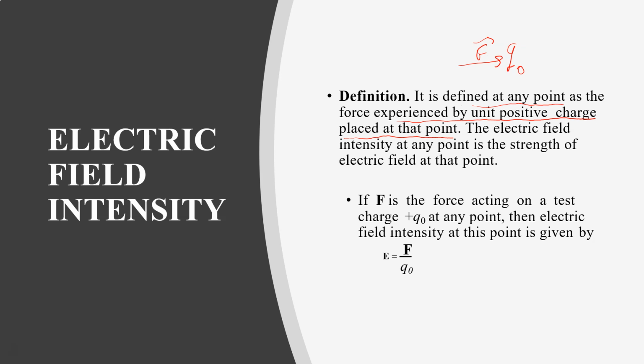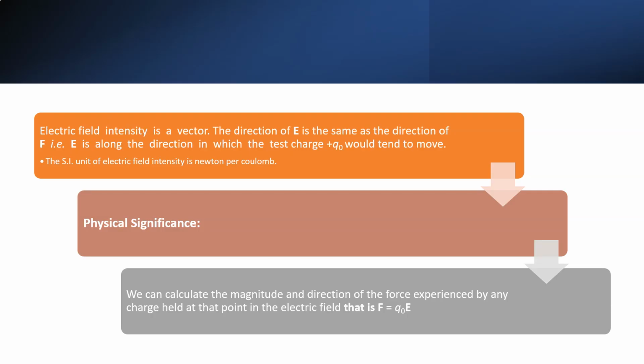For example, if F is the force acting on a test charge plus Q naught at any point, then the electric field intensity at this point is given by E equals F by Q naught. Q naught is the test charge, the unit positive charge. Electric field intensity is a vector.